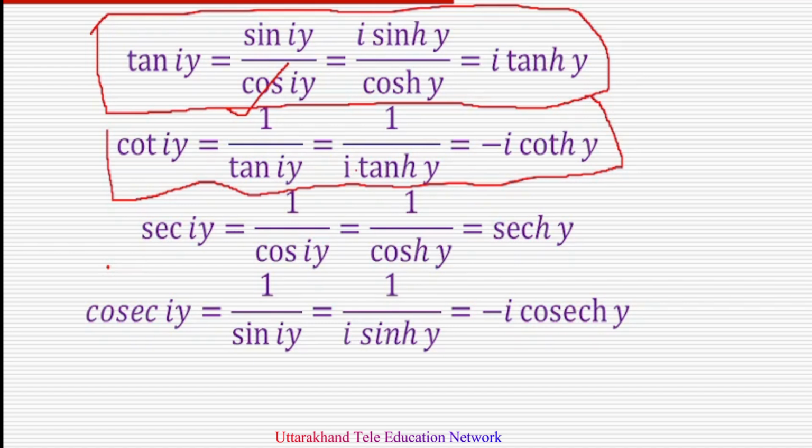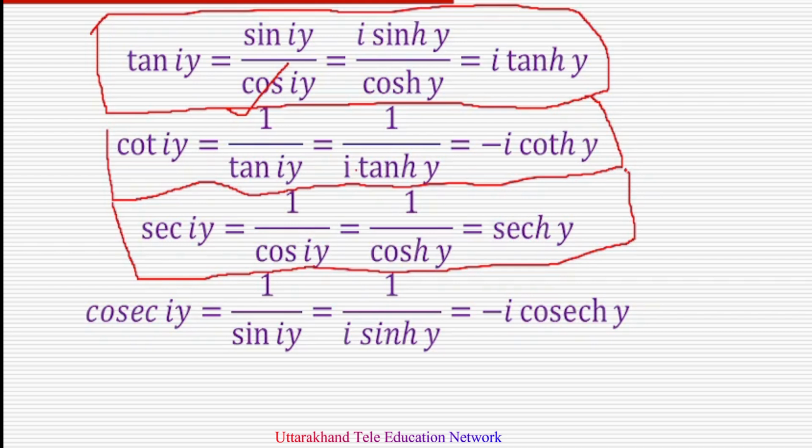Next, sec iota y. We know that sec iota y is 1 upon cos iota y. This is equal to 1 upon hyperbolic cos y, because we know that cos iota y is hyperbolic cos y, that is equal to hyperbolic sec y.